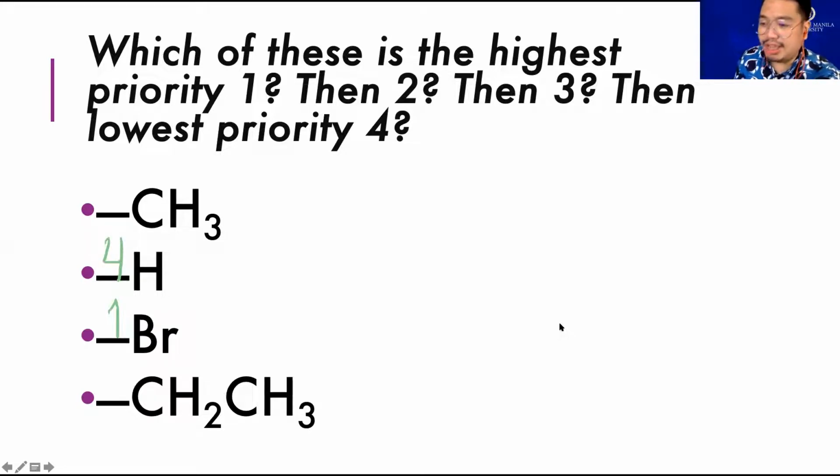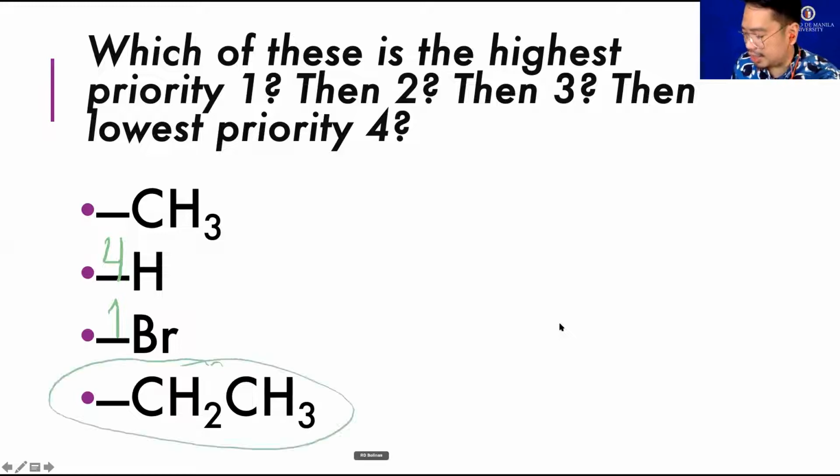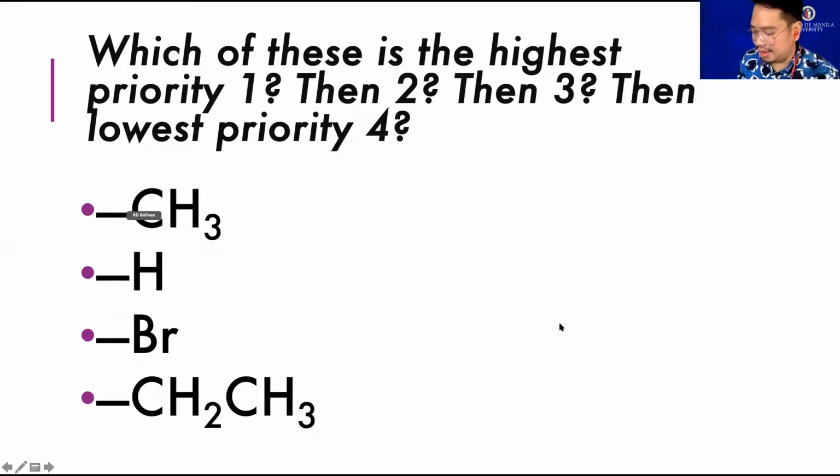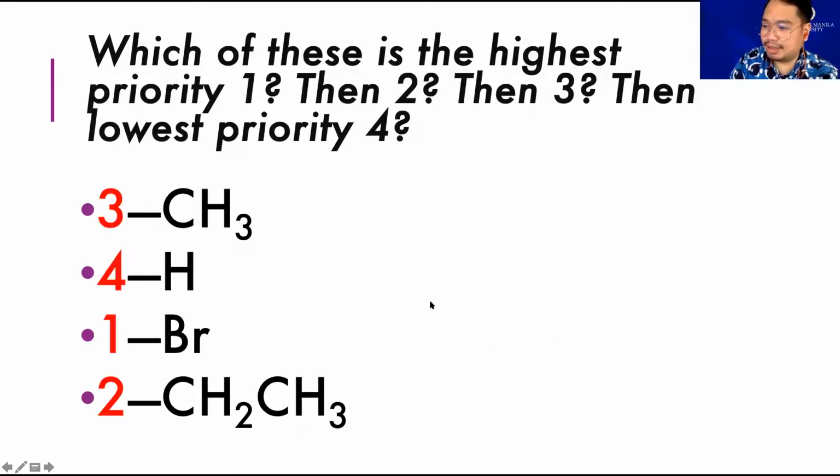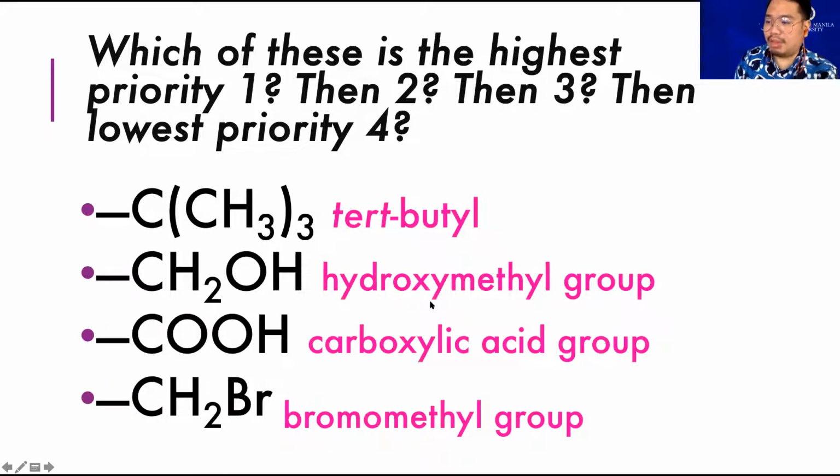Between the CH3 and the CH2CH3, which would get higher priority? So CH2CH3 will get what priority? 2. This will get 3. Okay. Again, you can apply your CIP rules to determine why. Correct.